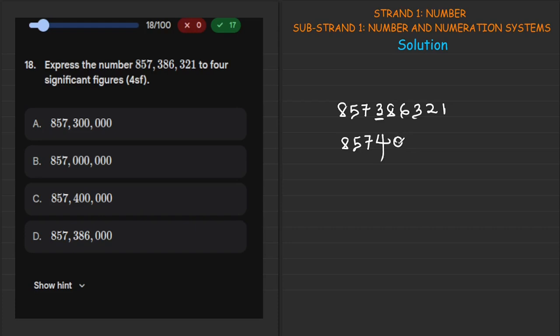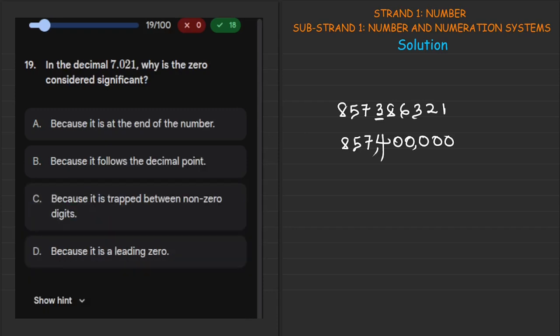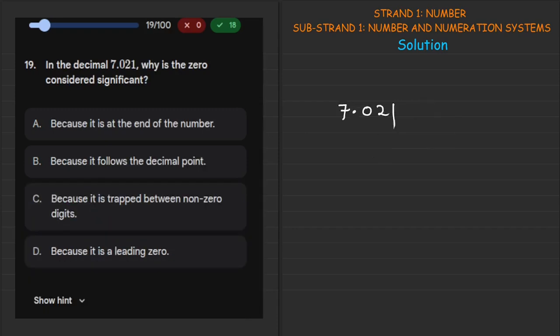And then change the remaining digits to a 0. You see? So that is C. 8, 5, 7, 400,000.